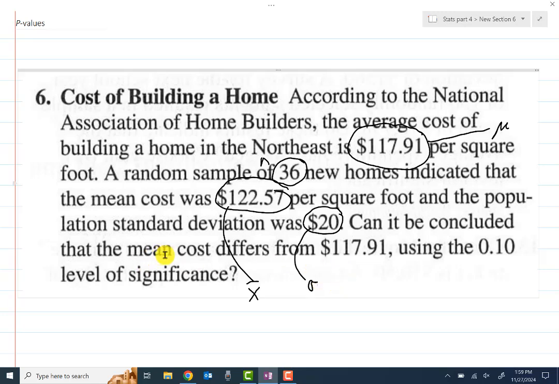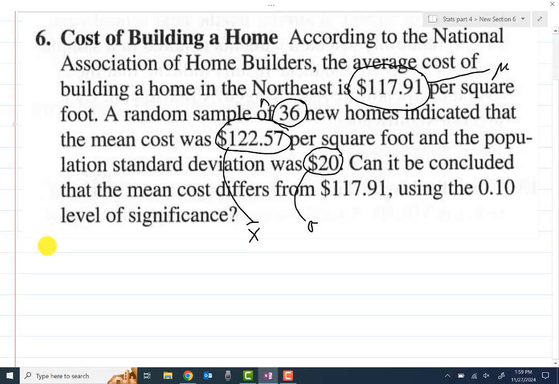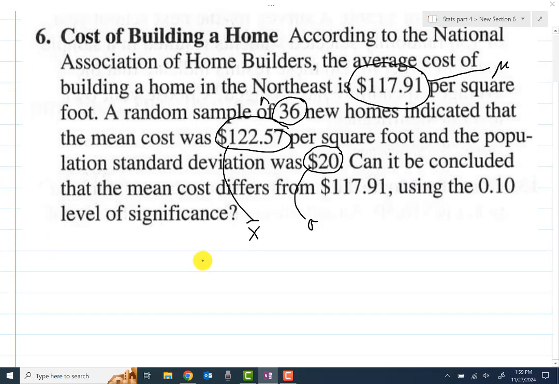Can it be concluded that the mean cost differs from 117.91? Use the 0.10 level of significance. So let me draw my two things, that H naught and HA. HA we're talking about differs from, so we're suggesting that the HA is mu does not equal 117.91.